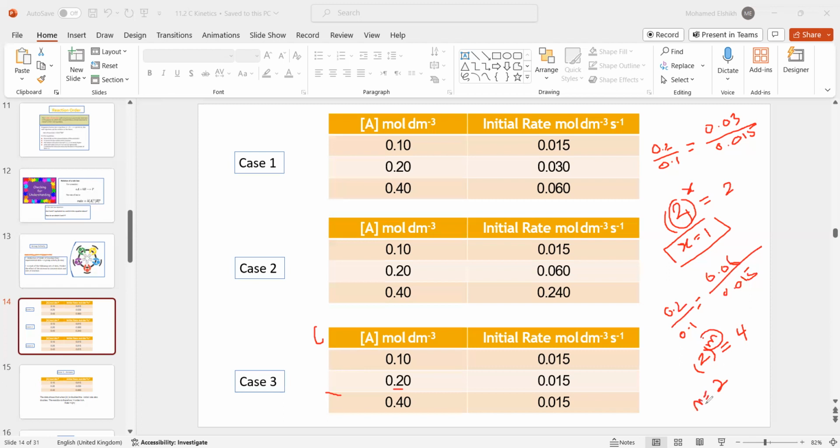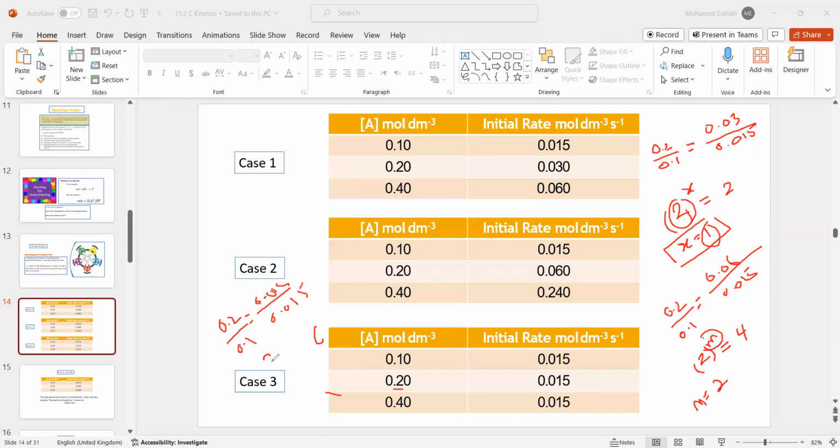So the order for this reaction here is 1, or you can call it first order, and the M here is 2, and you can call it second order. Now, the last case is when you have 0.2 divided by 0.1, and here you have 0.015 divided by 0.015.